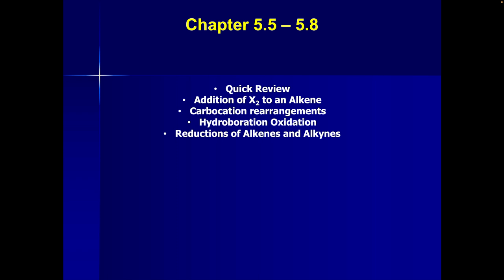So, whose rule is this? Yeah, this is Markovnikov's rule. And Markovnikov's a lot to spell, so I just say Mark. So Markovnikov's rule dictates which product we have. What does Markovnikov's rule actually say?